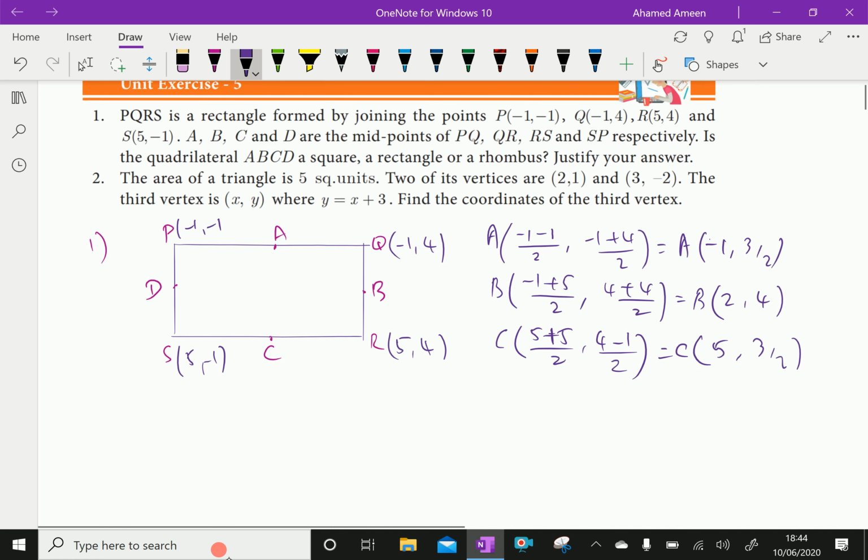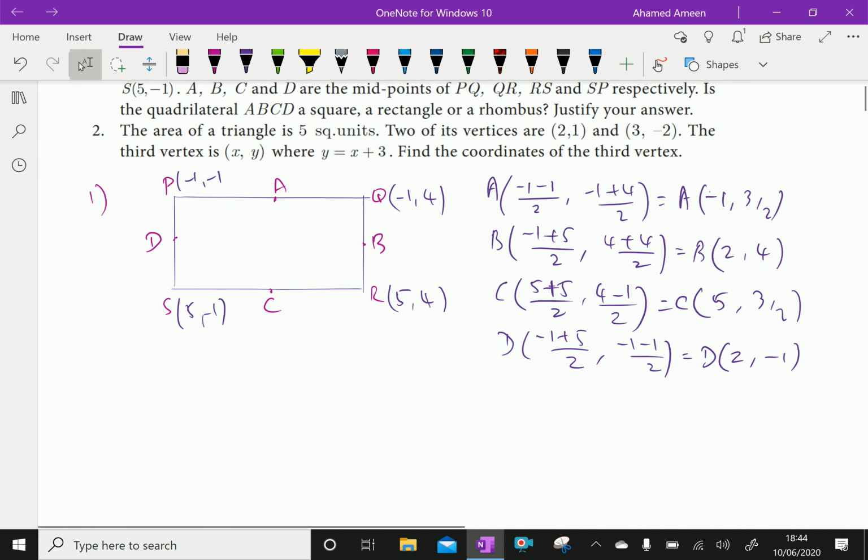Next, D is the midpoint of P and S, that is (-1 plus 5) by 2 and (-1 minus 1) by 2, equal to D of (4 by 2, -2 by 2), which is (2, -1). Now we have got the midpoints.